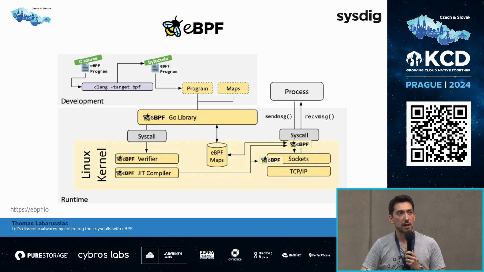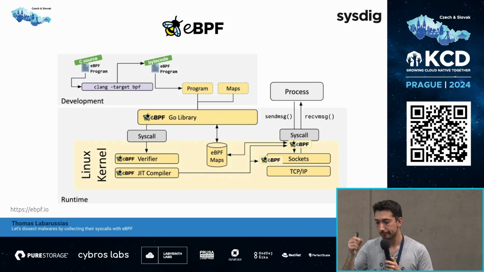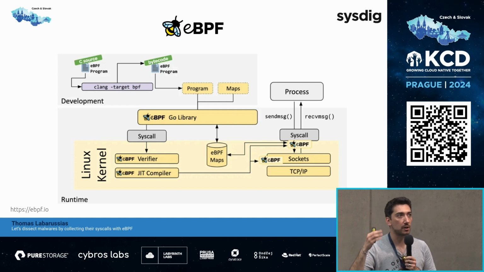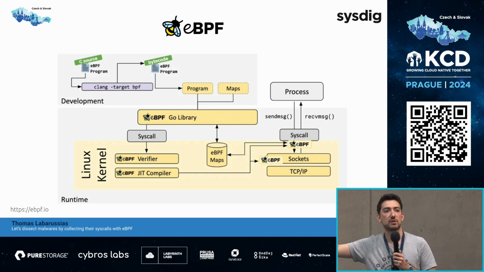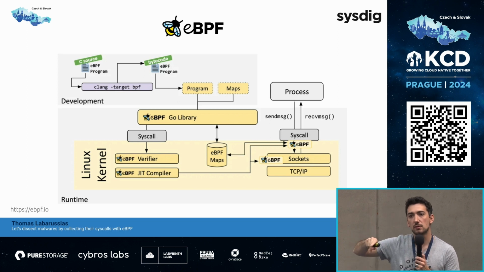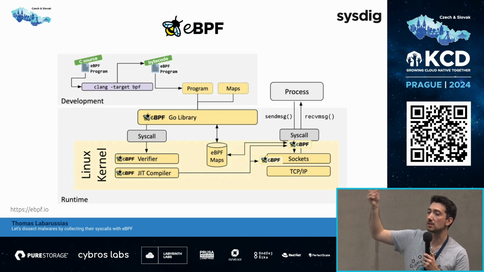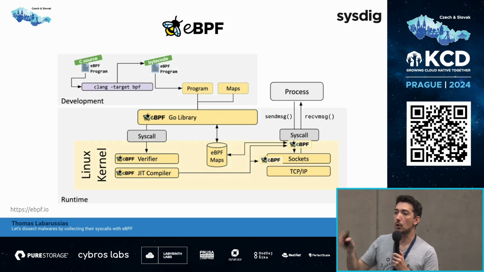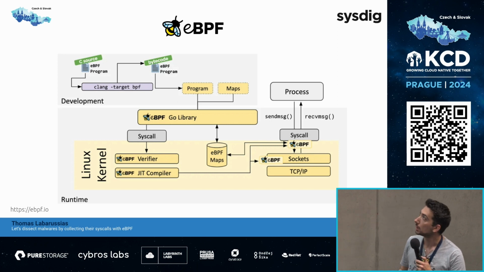Basically, each time the kernel needs to, for example, trigger a syscall or listen for a syscall, it will call your probe and do some stuff. This is how, for example, Cilium intercepts the network packets to manage the routing. And this is how Sysdig or others are collecting the syscalls, to do what we'll see later.